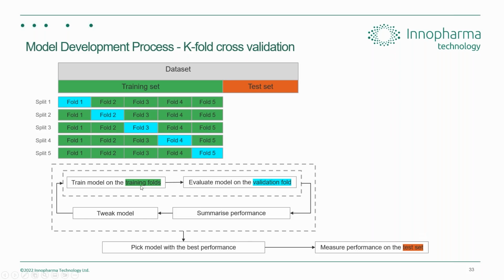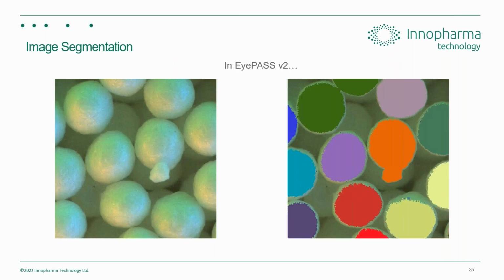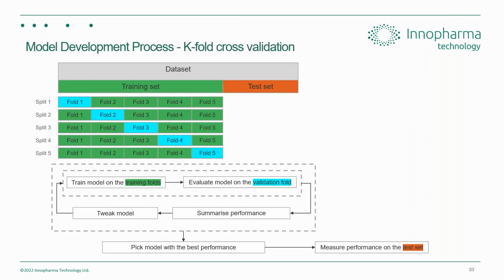And we keep doing that until we tweak the model to get the performance that we want. We then pick the model with the best performance, after changing the settings of the model in different ways. And once we pick that model, then we measure the performance on the test set, and that is what we use as the model's generalization performance metric. So that's how we would do a typical training process.